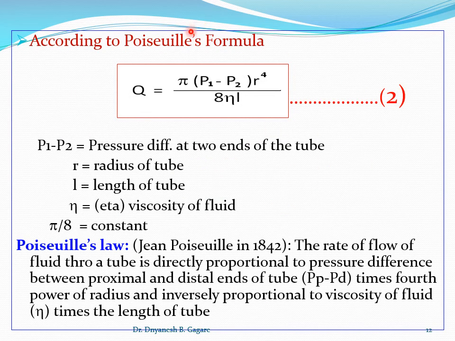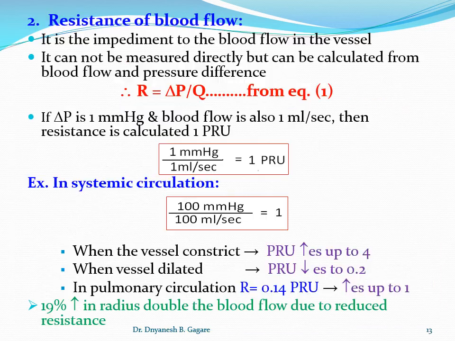Then we studied Poiseuille's law and applied this law to the actual blood circulation in our CVS, as per the definition of the resistance, what the resistance to the blood flow is, how it is calculated, and what the normal values of the total peripheral resistance are.